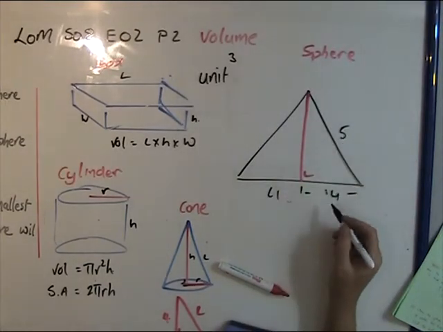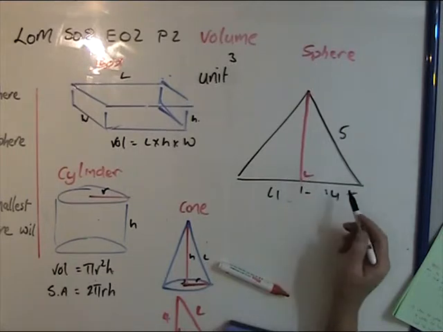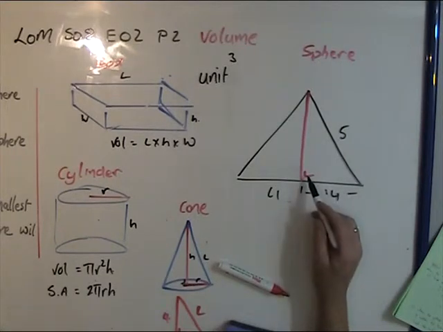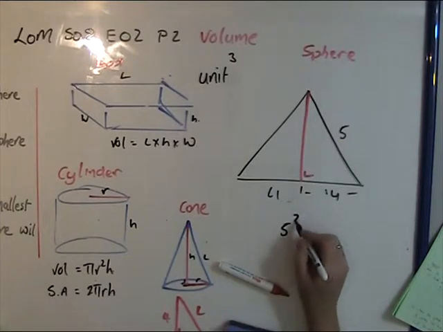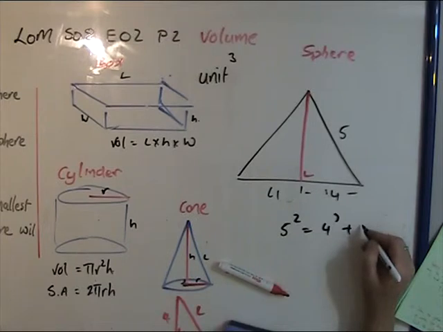If we want to find the area of that triangle, we need to find its height. The area of the triangle is half the base by the perpendicular height. We don't have the perpendicular height, but we can find it because the hypotenuse squared is equal to the sum of the squares of the other two sides.